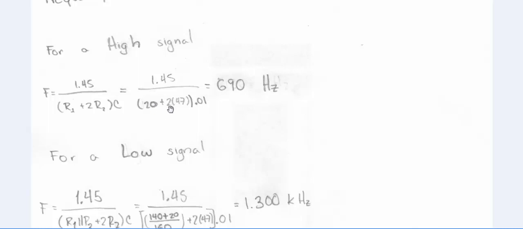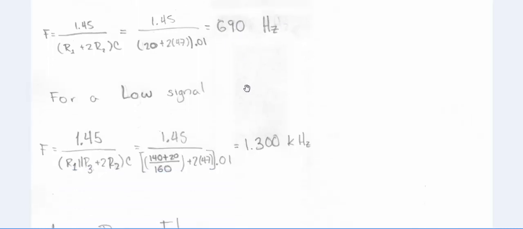So this plus 2 times 47, and then multiplied by our capacitance of 0.01, we're going to have a frequency of 690 hertz. And then for the second case, which is when the signal is low, and this represents that we are in a normal state or we are not having an earthquake, it's the same.